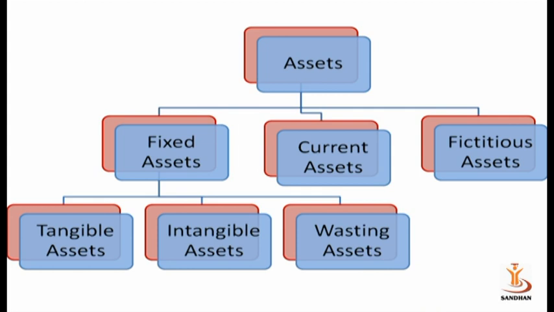Now, what is tangible? Tangible assets are those which can be seen, which can be touched, like plant and machinery, furnitures, fixtures, huge machineries, etc. Intangible assets are those which cannot be seen, which cannot be touched, but the valuation is equally important like tangible assets.